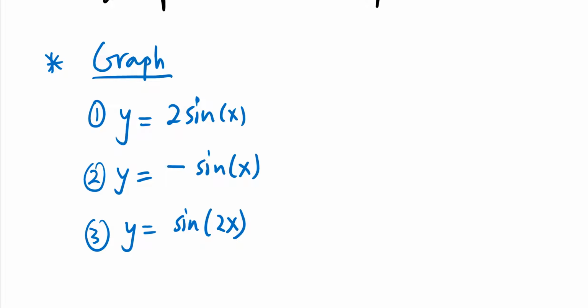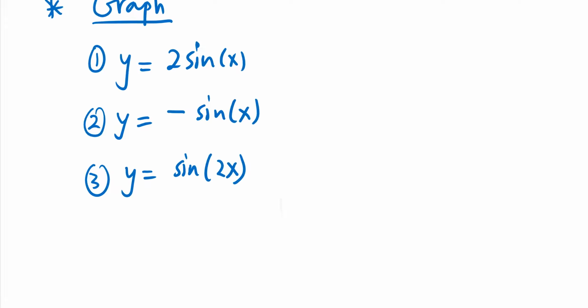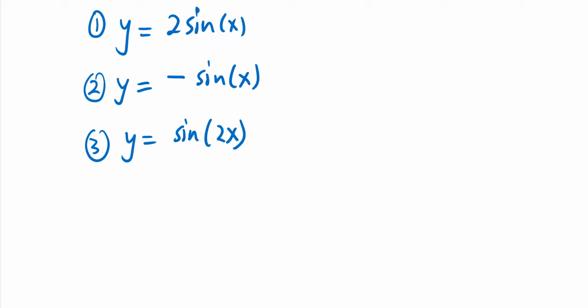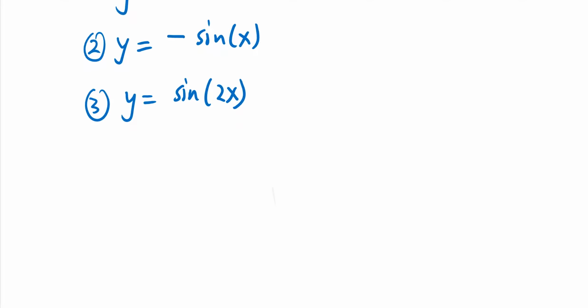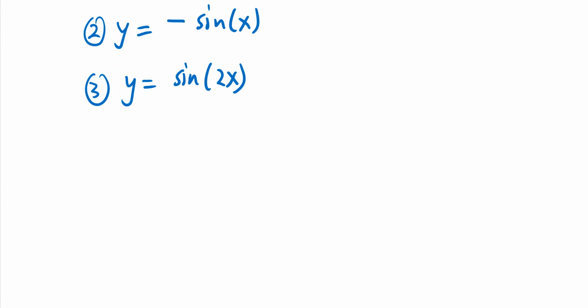What changes does that make on the graph of sine x when I add the 2 in the front or any other number? Well, think about it this way. If we go back to the table, for number 1, y equals 2 sine x, the period is going to stay the same, 2 pi.